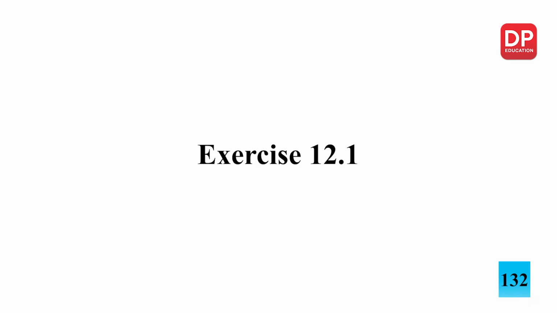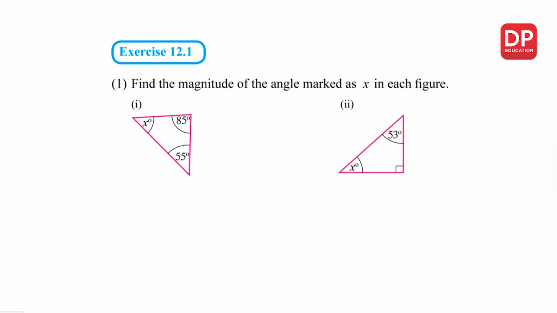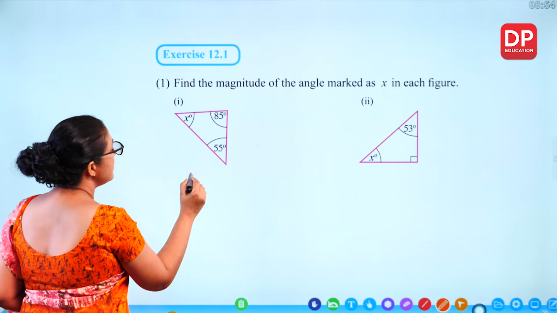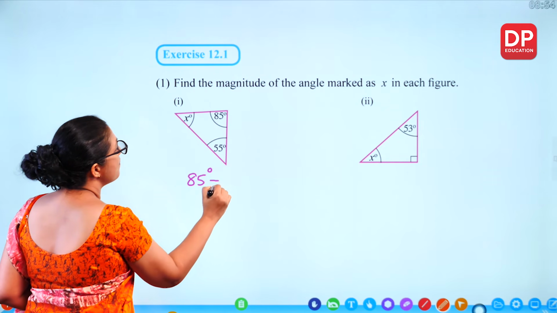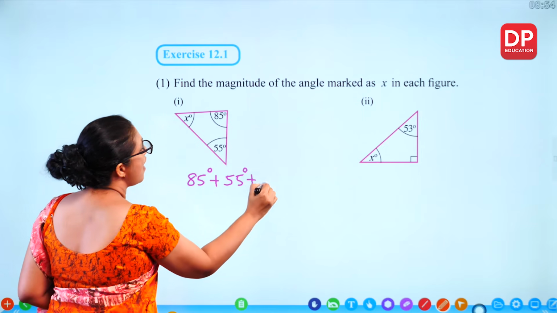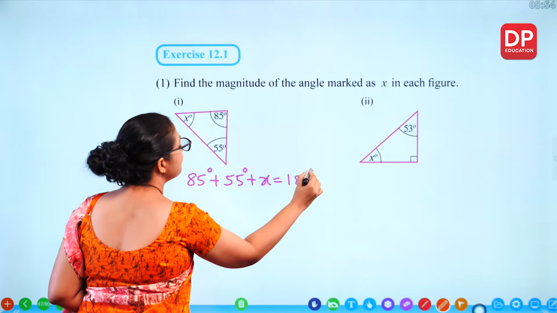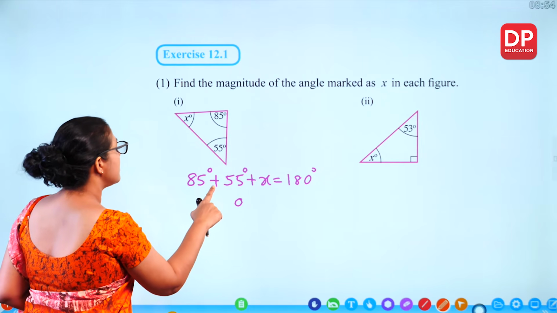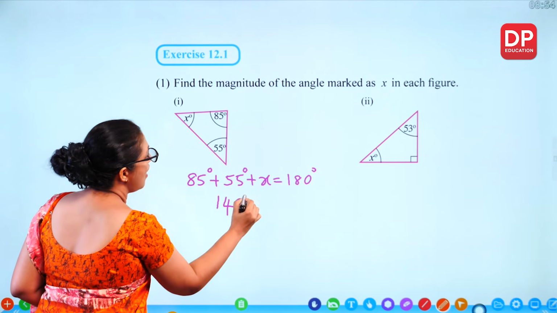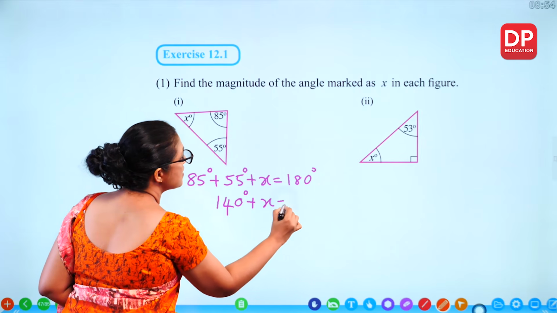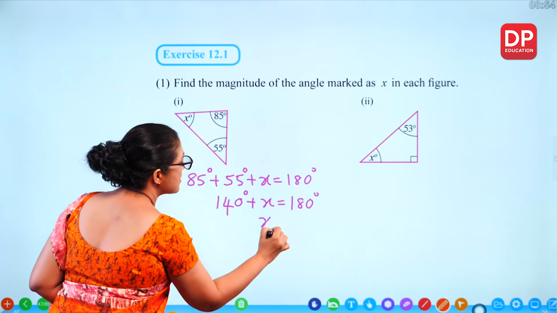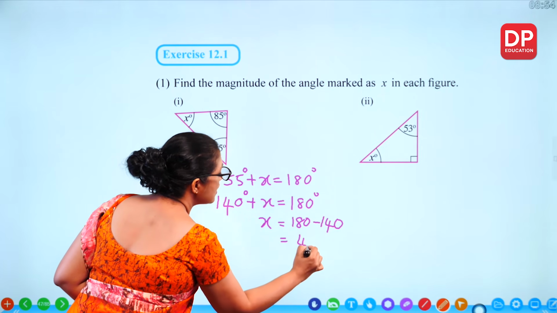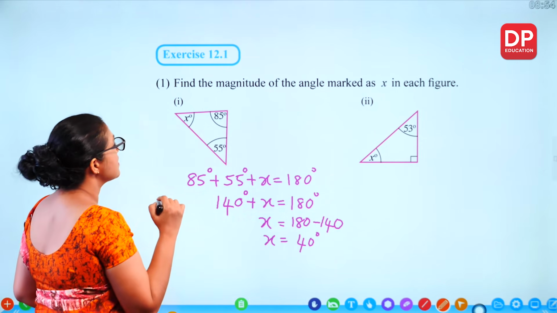Exercise 12.1. Find the magnitude of the angle marked as x in each figure. So this is a triangle. Angle sum of a triangle is 180. These two, you get 140 plus x equals 180. So what's x? 180 minus 140, you get 40 degrees.